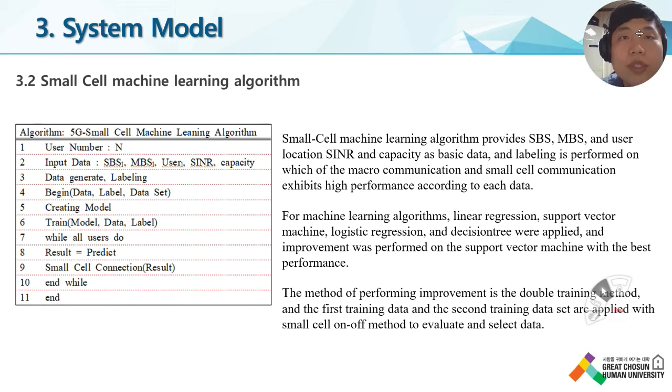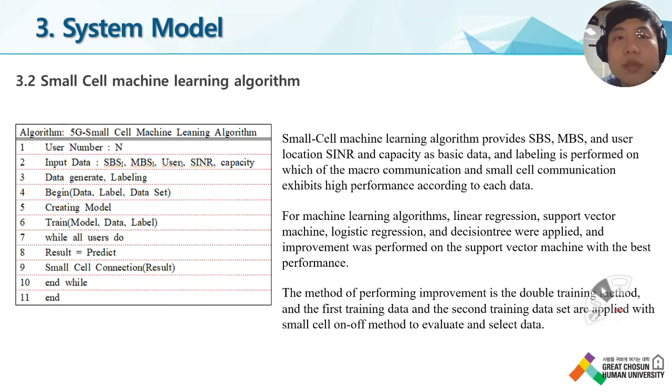The 5G small cell machine learning algorithm provides SBS, MBS, and user locations, SINR, and capacity as basic data, and labels each data point by whether macro communication or small cell communication exhibits higher performance.